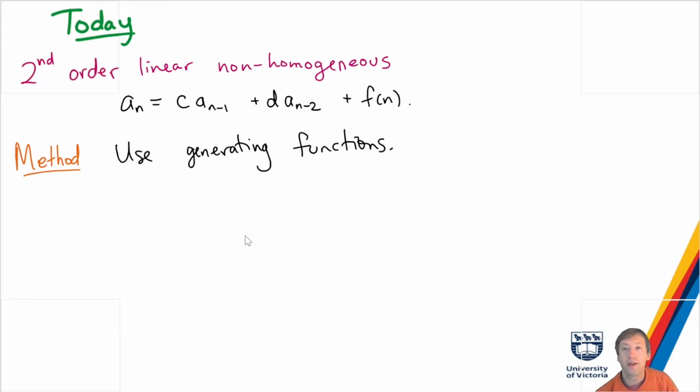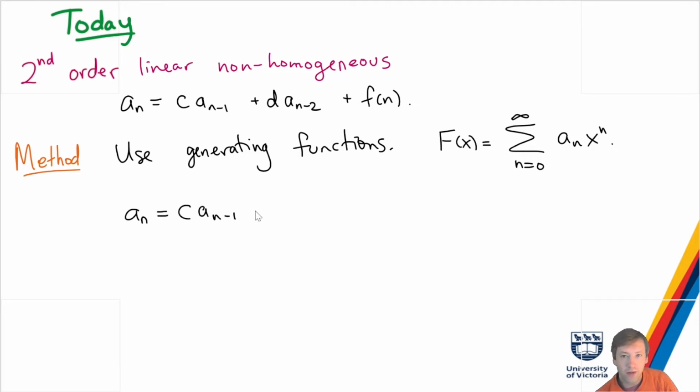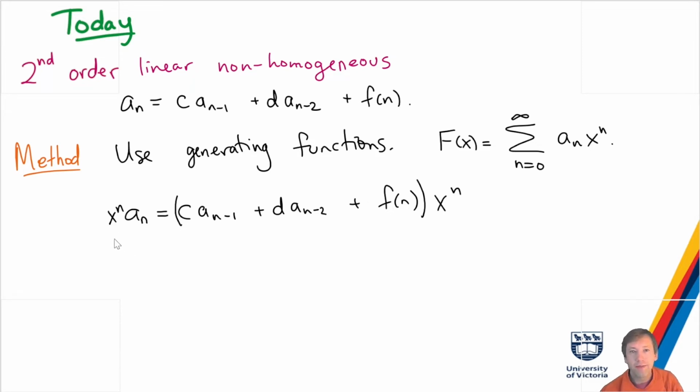Basically the idea will be to take your equation. Well, first let's say we want to define a generating function F(x) to be the sum from n equals 0 to infinity of a_n x^n. Now, if you take your recursive equation and multiply both sides by x^n, on the left side you've got an x^n.